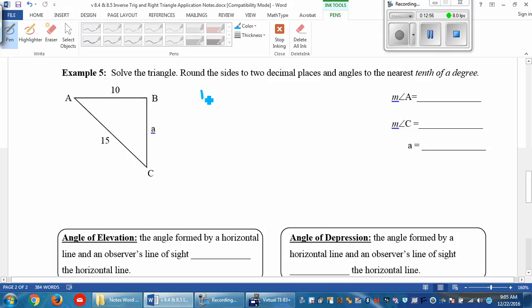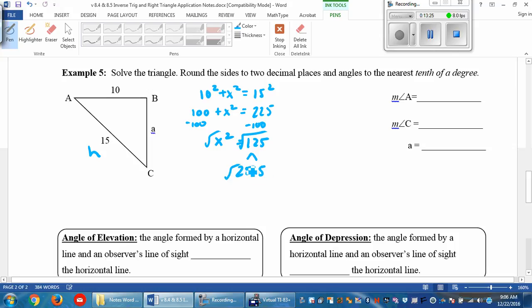We have 10 squared plus x squared equals 15 squared, because this side is the hypotenuse. 100 plus x squared is equal to 225, minus the 100, x squared is equal to 125, and root it, and you get 25 and 5, so you get 5 root 5 for the missing side.